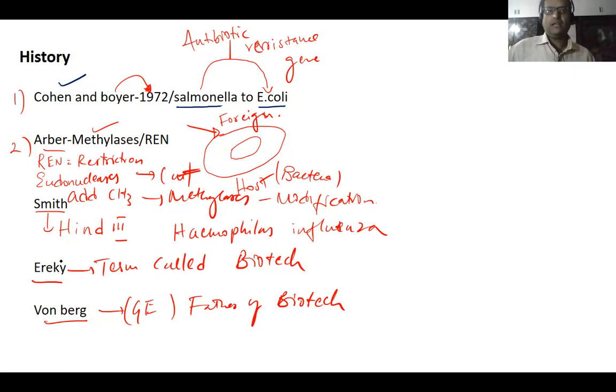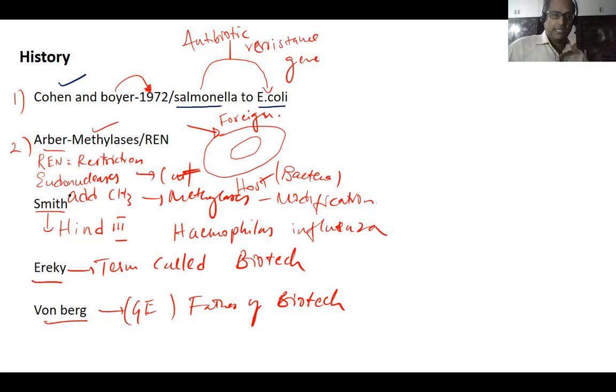Let's understand a virus entering into the bacteria. That virus can be called a bacteriophage. Once a bacteriophage enters, what will the bacteria do to restrict or protect itself from the foreign agent? Two things happened, which were observed by Arber.